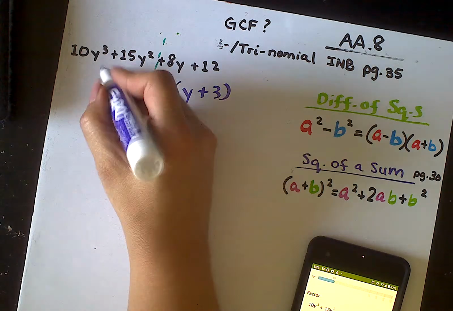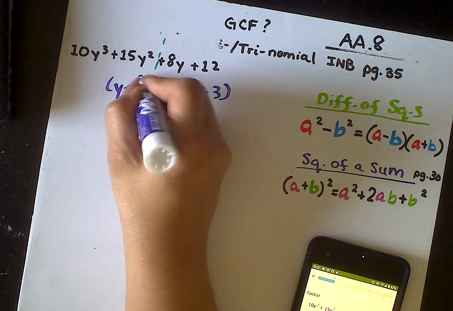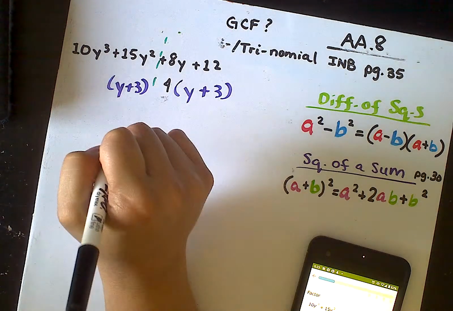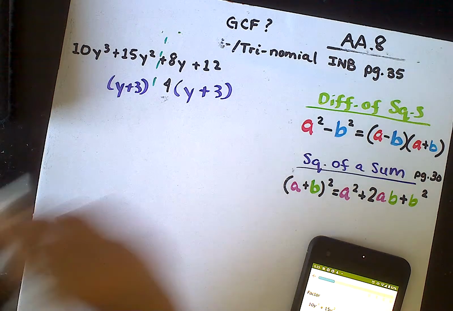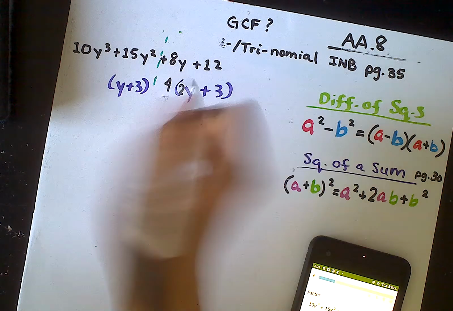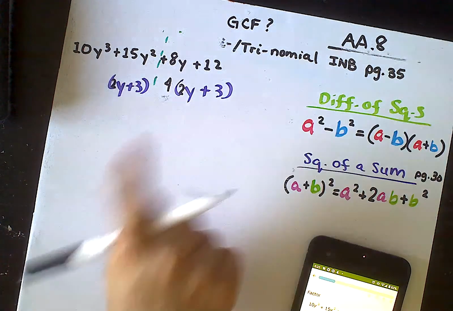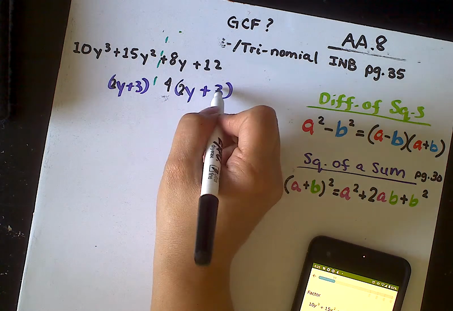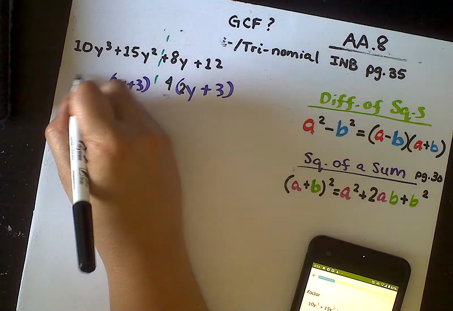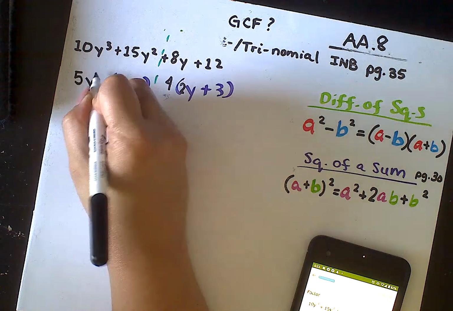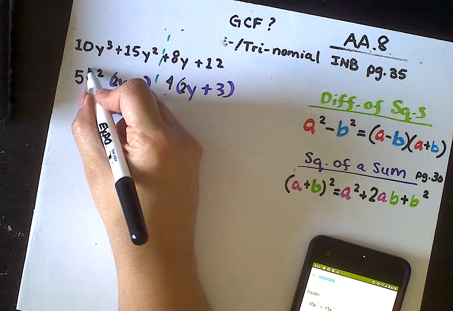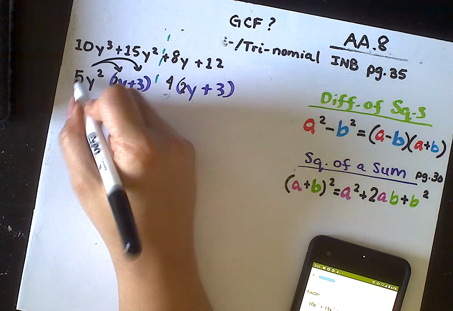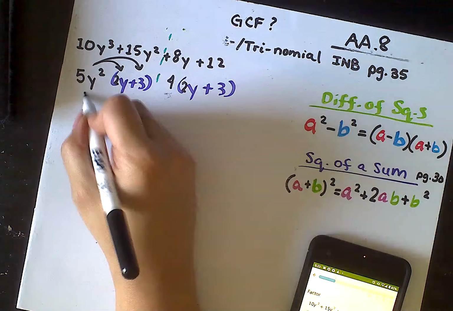So let's put our y plus 3 here. And so that would mean 2y plus 3. Sorry. Yeah, because that would give me 8y and that would give me 12. Okay, so then I have here 5y squared, and this gives me 10y cubed and 15y squared.